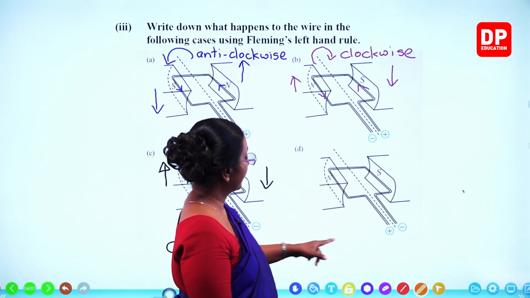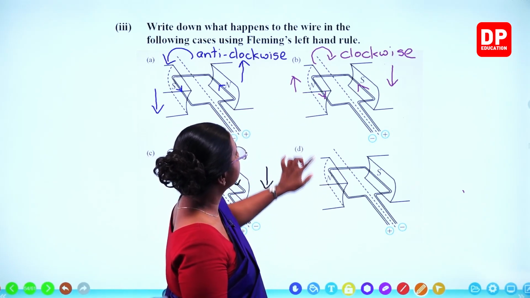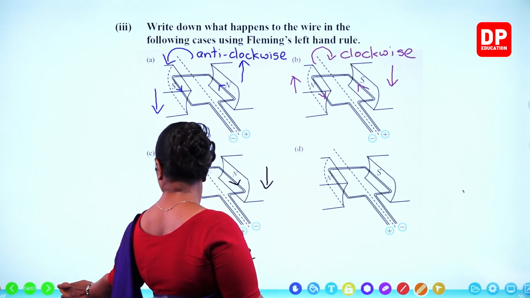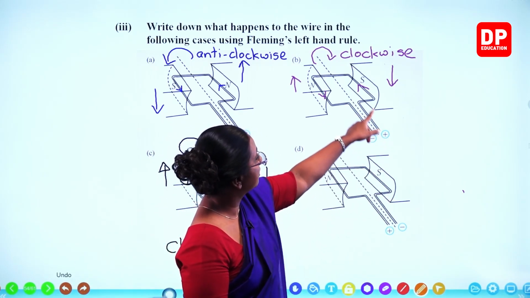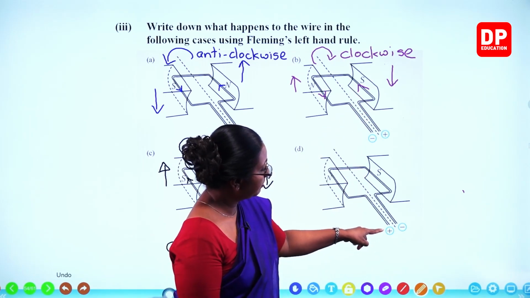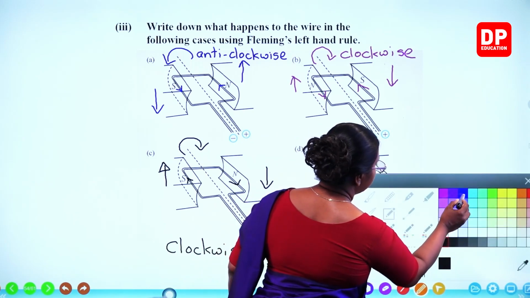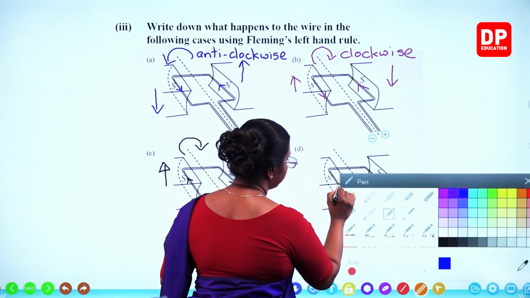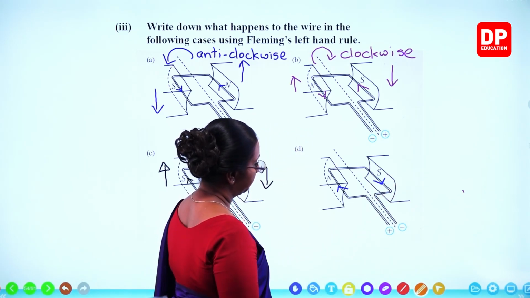Now look at this one. When you compare with this, you can see north-south. The magnetic poles are the same north-south, but here the current flows in from here. Here the plus and minus, so current flows this way. Again, if we use a different color. So here, of course, the current flow is going to be like that.